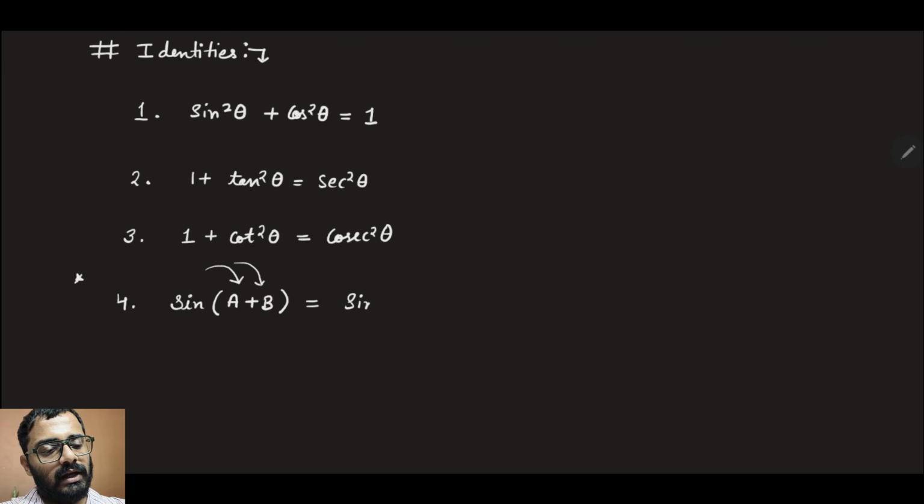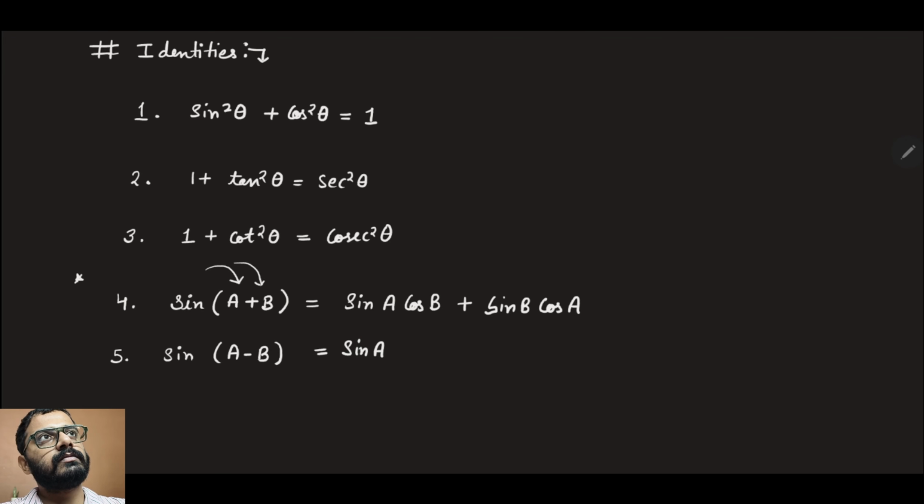This will be sine A cos B plus sine B cos A. Next identity, sine A minus B. In that case, the expansion will be sine A cos B minus sine B cos A.